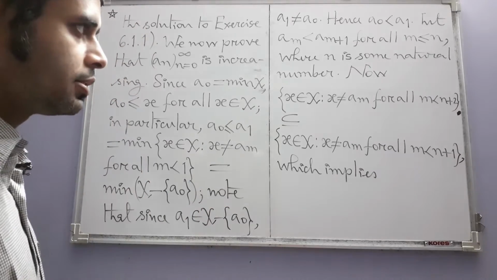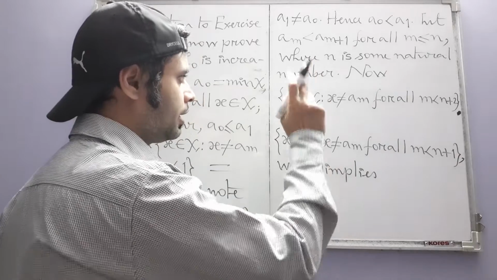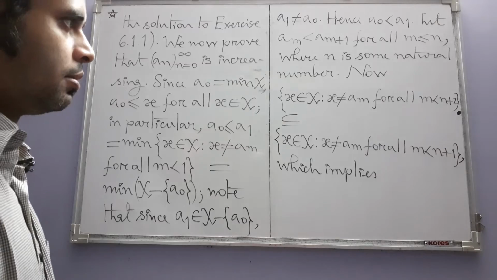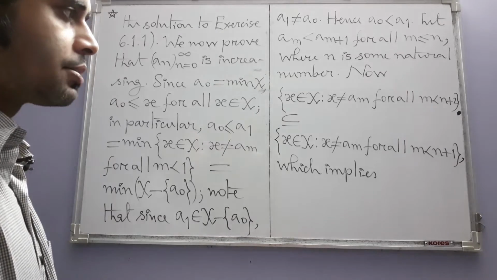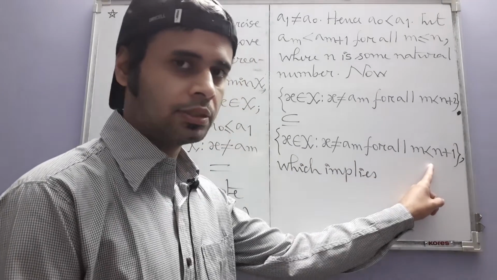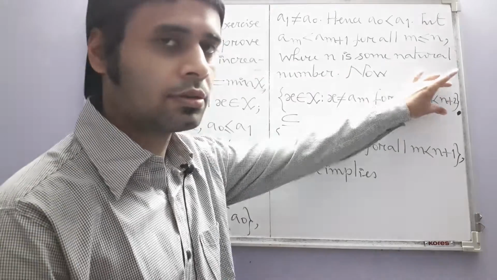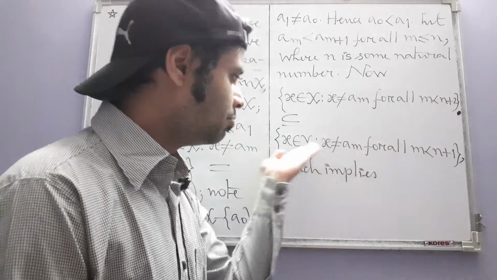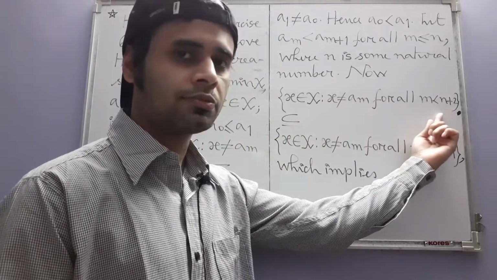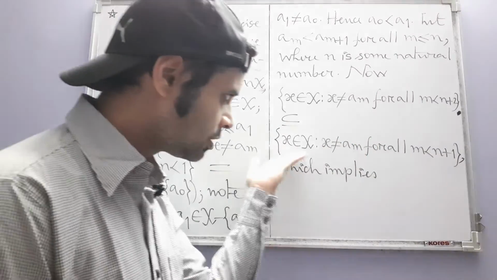Okay, now the important thing is, what does it imply? What does it tell us about a_{n+1} and a_{n+2}? Note that a_{n+1} is the minimum of this set by definition, and because this is a subset of this set, the minimum of this set will be less than or equal to all the elements of this subset. In fact, the minimum of this set is less than or equal to all the elements of this set.